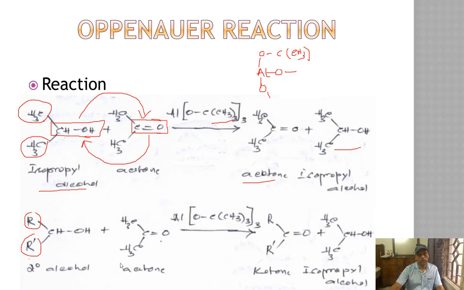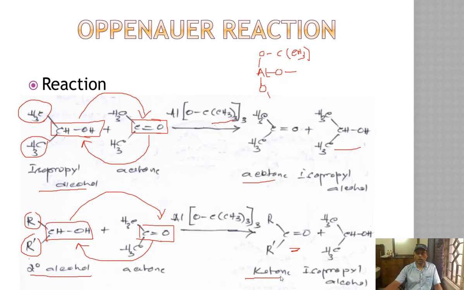So you are taking acetone, and this is aluminum tertiary butoxide. So it is getting converted to, now you exchange this, put this in here and put this in here. So putting this in here, instead of secondary alcohol, you are going to get the ketone, right? So it is getting exchanged and you are getting isopropyl alcohol here. So it is the conversion of secondary alcohol to the ketone. So this is the reaction.